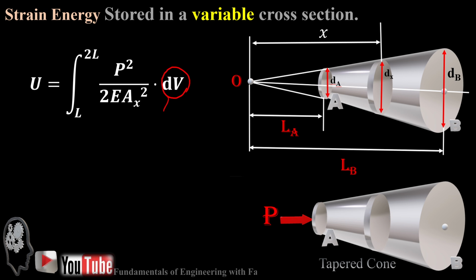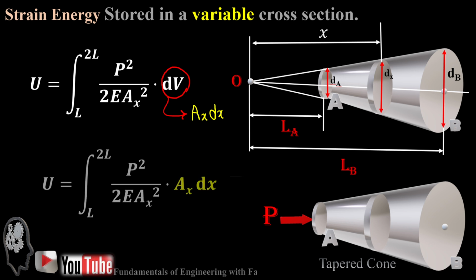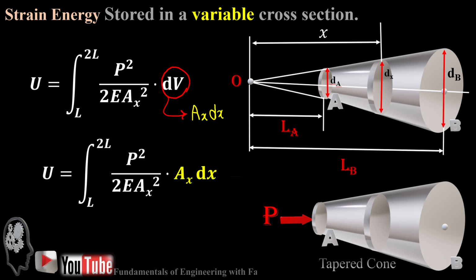Now let's expand the dV. The differential form of a volume is area times x, so that's Ax times dx.